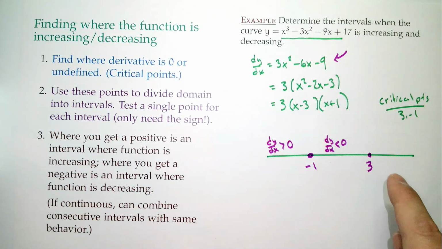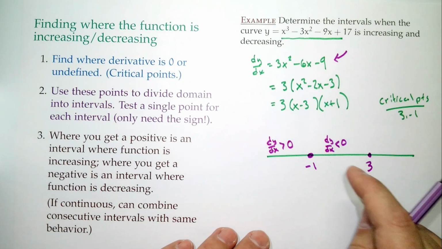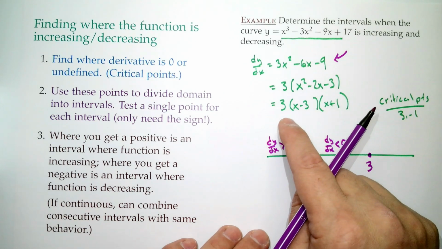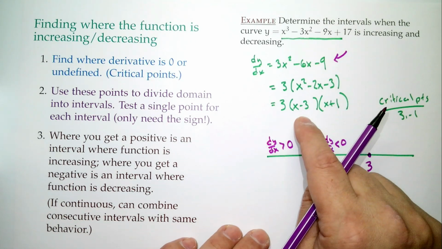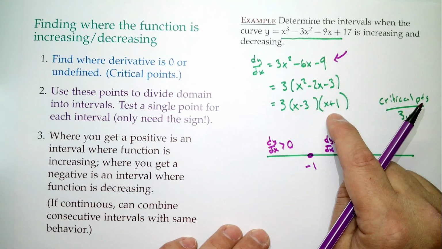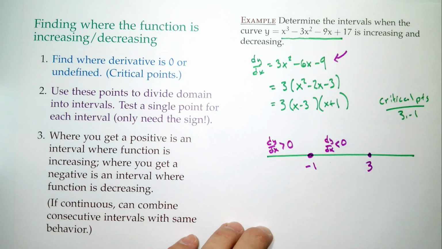Last thing, above 3. What's a number above 3? 4? All right. 4. Could pick pi. Pi is above 3. All right. 4 minus 3 will be 1, which is positive. 4 plus 1 will be 5, which is positive. Now, so the number is 15, but again, we don't care about the number. We care about the sign of the number.